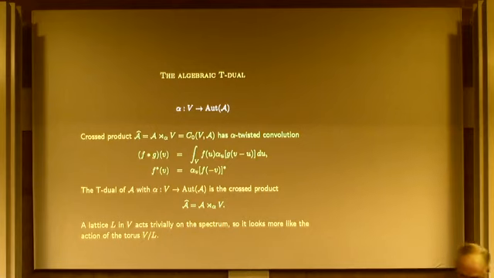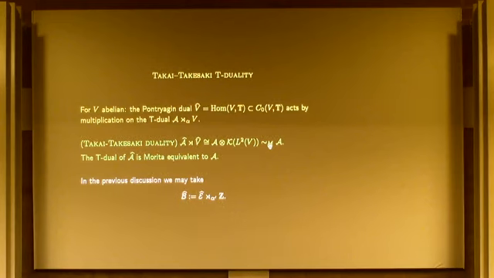And if the lattice is acting trivially on the spectrum, then it's not doing anything to the geometry. So on the spectrum, you just have an action of the torus V over L. That's a situation which occurs both in string theory and here. And there's a Takai-Takesaki T-duality. Very convenient that Takai and Takesaki both have names beginning with T. That just says that once you've got the cross product algebra, there's an action of the dual group on that.